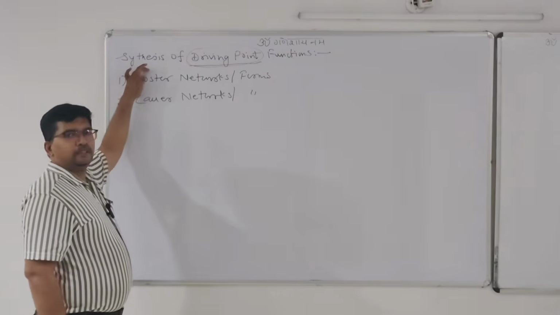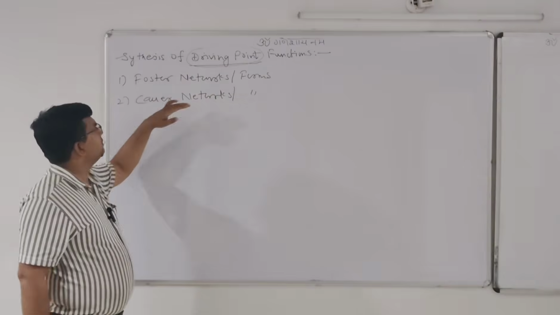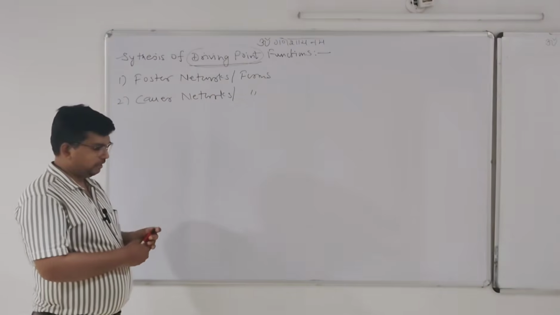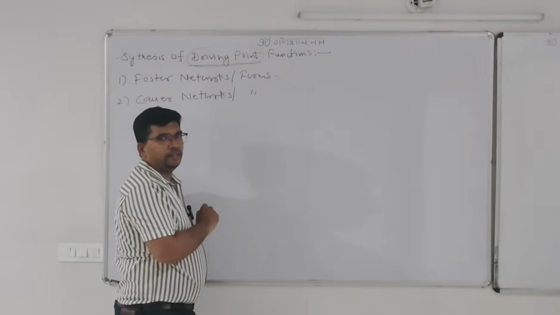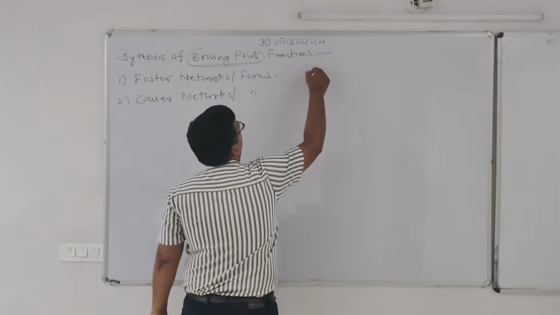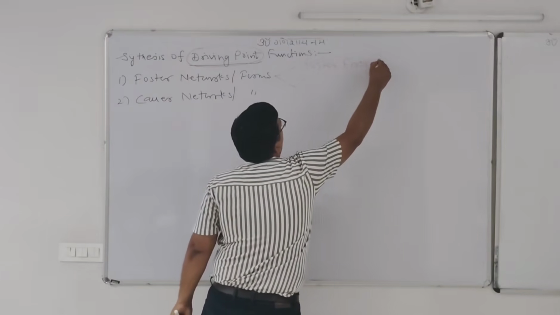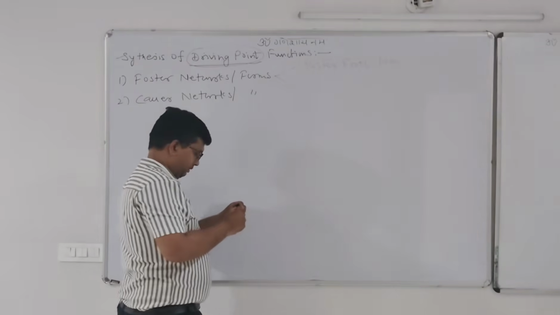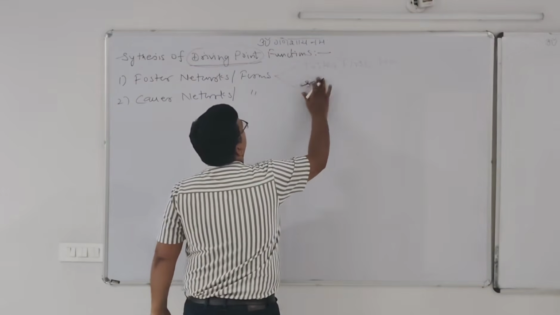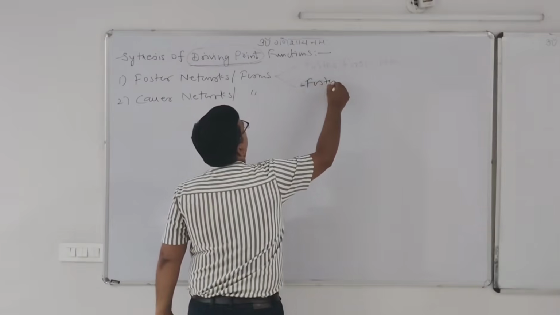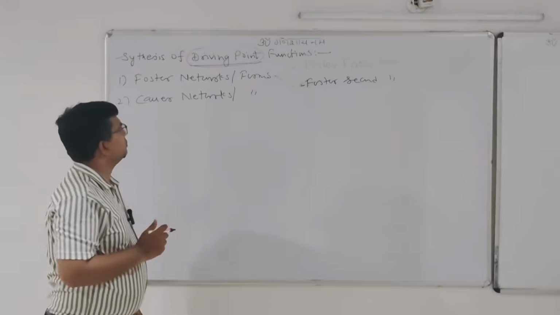Now there are two methods of synthesis of the driving point function. The first method is called the Foster networks or Foster form, and the second method is called the Cauer networks or Cauer forms. The Foster networks are further classified into two categories: one is called the first Foster form and the second is called the second Foster form.